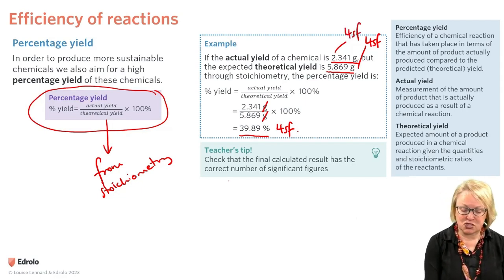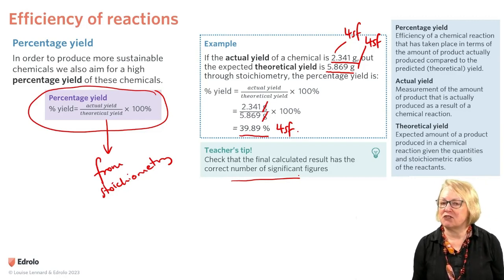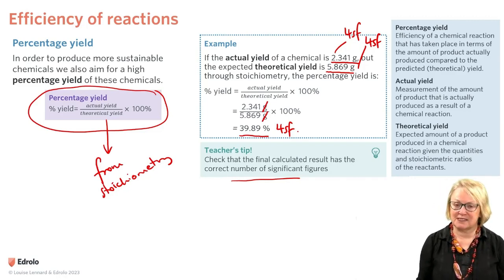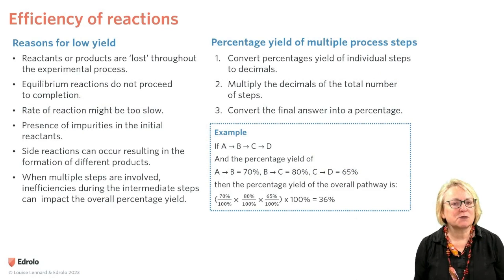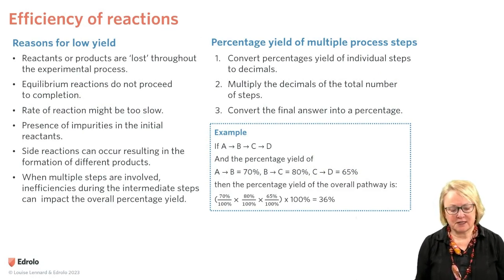So always check the calculated result is to the correct number of significant figures. Then we need to think about reasons why we might have low yield. So it could be that reactants or products are somehow lost throughout the experimental process. A very real consideration is that, as we know, equilibrium reactions do not always proceed to completion.